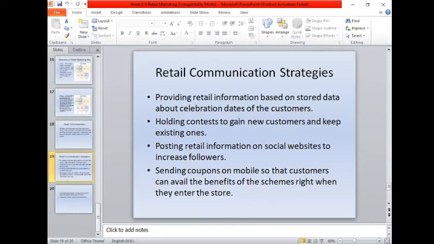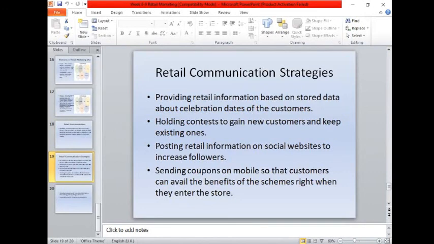Providing retail information based on the data about the celebration dates of the customers. That's why if you are a valued member of the store, you receive a text or an email. Or if you like the Facebook page of the retail store, you will be notified about the information. Holding contests is also retail communication, to gain new customers and keep existing ones, like raffle draws.